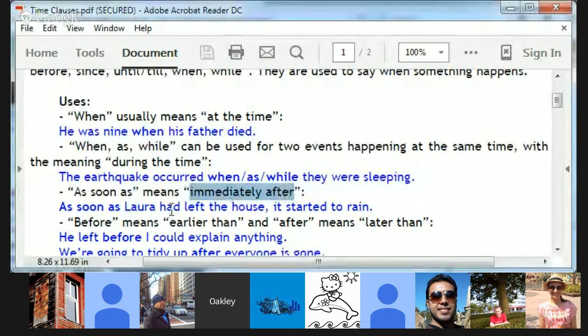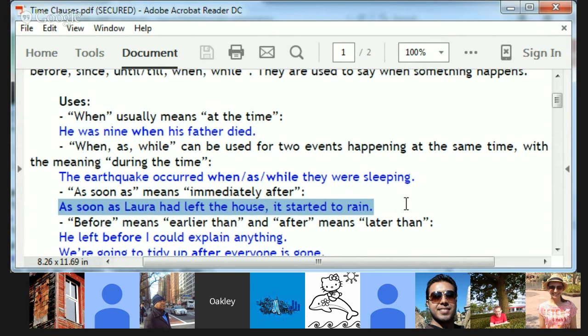Okay, how it looks in a sentence. Here we see the subordinate clause first, and notice there's a comma this time. As soon as Laura had left the house, it started to rain. She left the house, bam! It started to rain. That's the meaning.